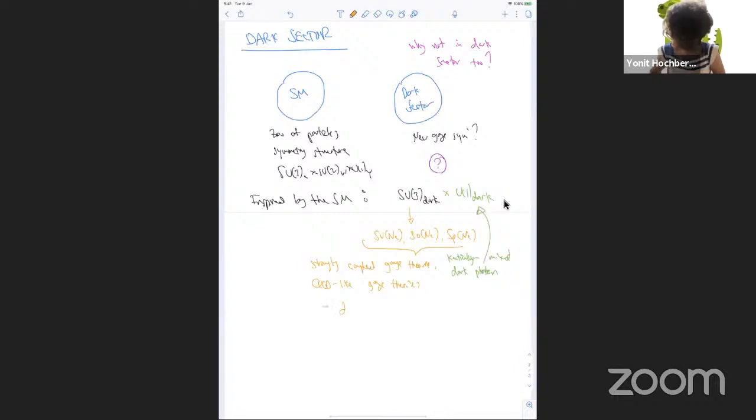Our dark sector could look somewhat like QCD, somewhat like a dark version of QED, etc. So all of these are in principle possibilities for very rich dynamics and rich content of particles and interactions that could be contributing to our dark matter.